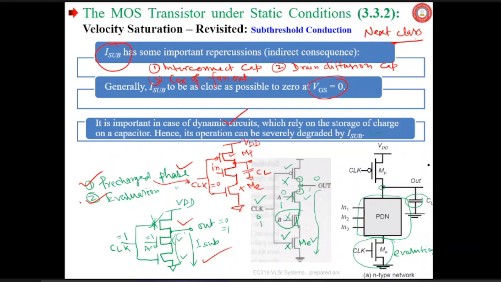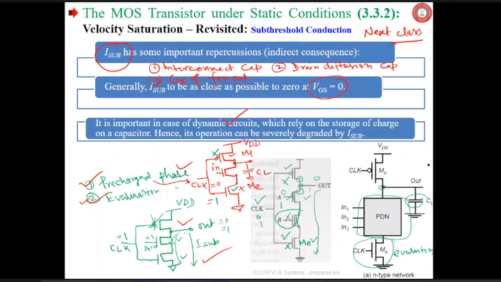During the evaluation phase, clock goes high. Once it is high, this will be off, and this evaluation transistor ME shall be on.